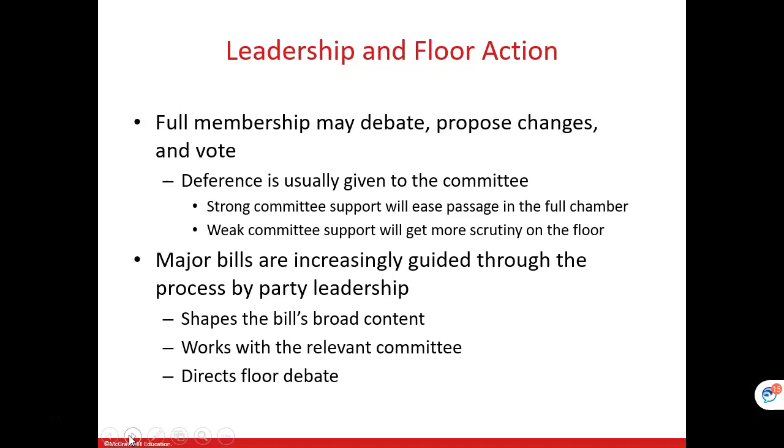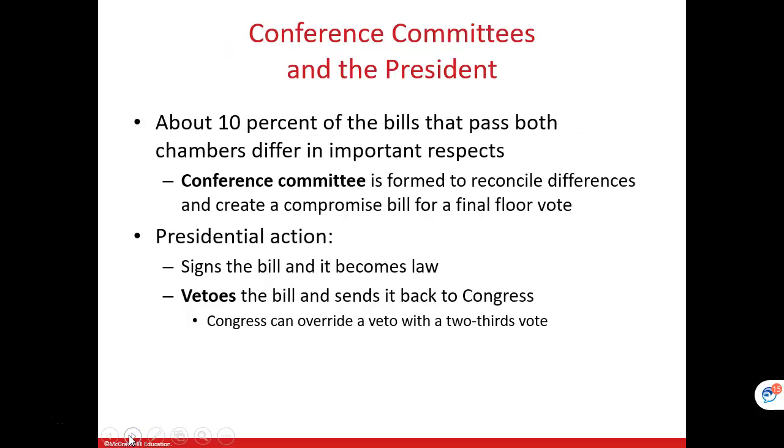They will direct floor debate. They'll work with the committees. Sometimes they'll even go talk to the president. About 10% of bills that pass both chambers end up having differing versions. So about 10% of bills go to conference committees.